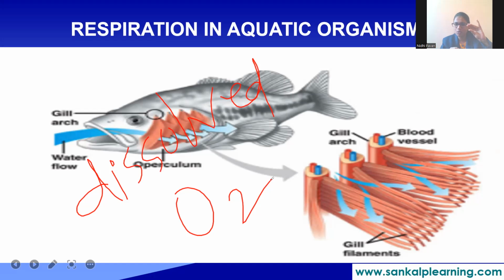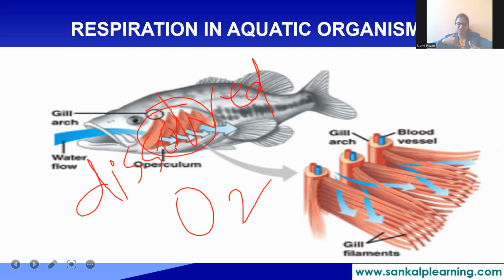When they open their mouth, at the same time their gills, or we can say the operculum region, will also open. That operculum region has the gills. Gills are nothing but the region which is rich in blood vessels. So when the water enters through the mouth, the water will go to the operculum or the gills, and exchange of gases takes place.